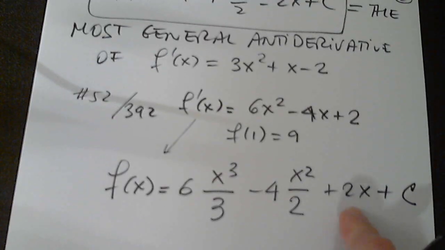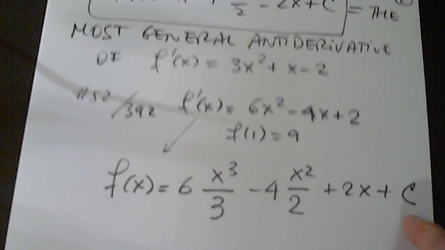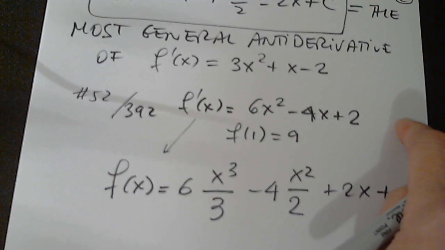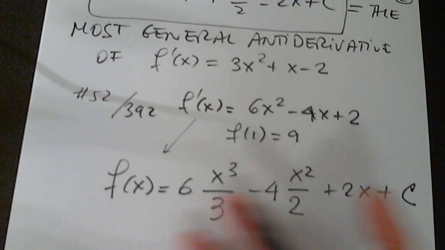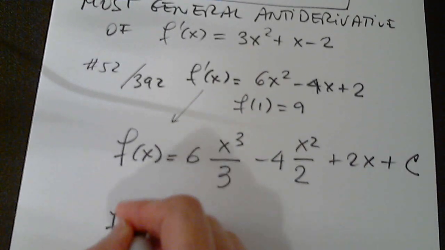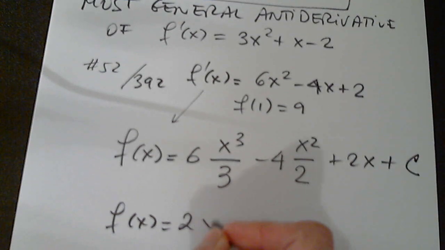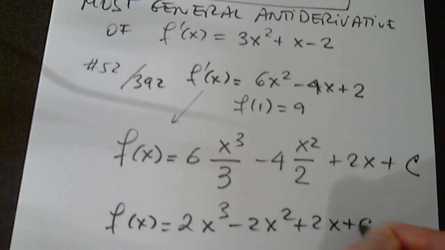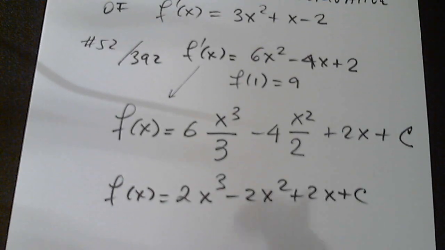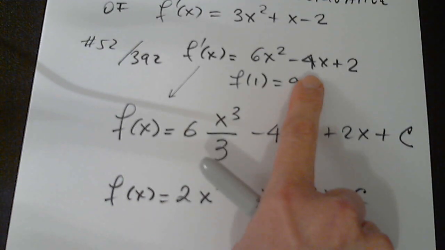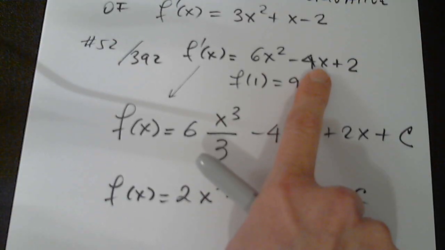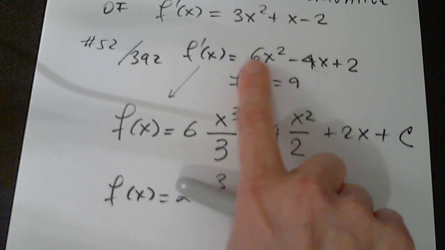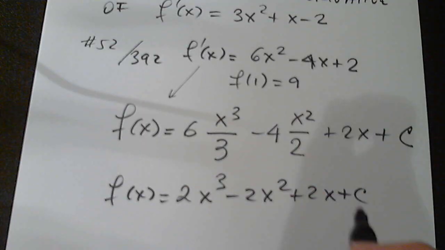The derivative of this is guaranteed to be that. And the derivative of this has to be 0. And it is. I will clean it up. So I have f of x equals 2x cubed minus 2x squared plus 2x plus c. This is the most general antiderivative of the given derivative, of the given function. It's a derivative, but also a function.